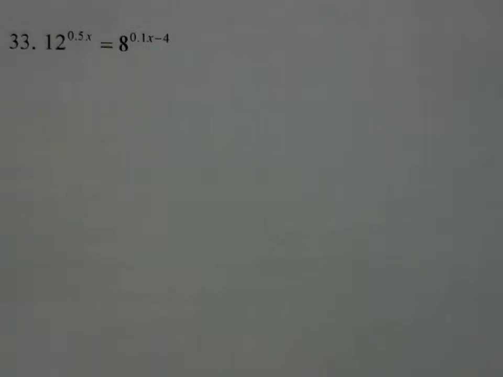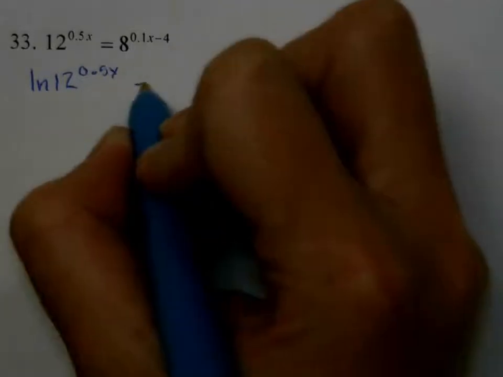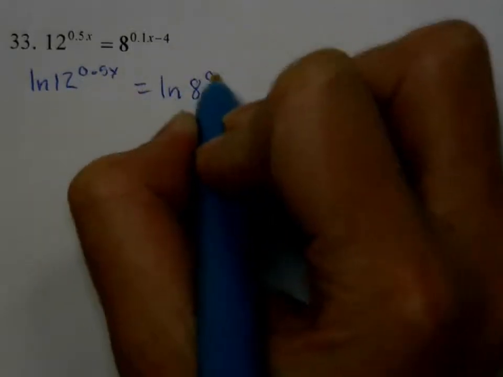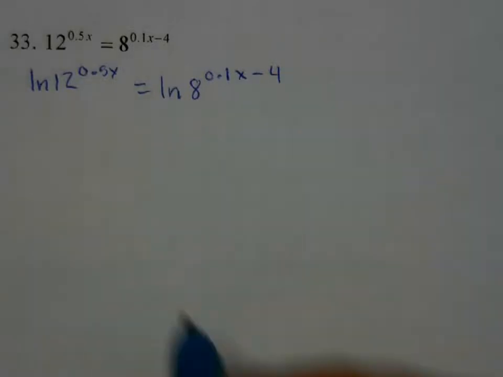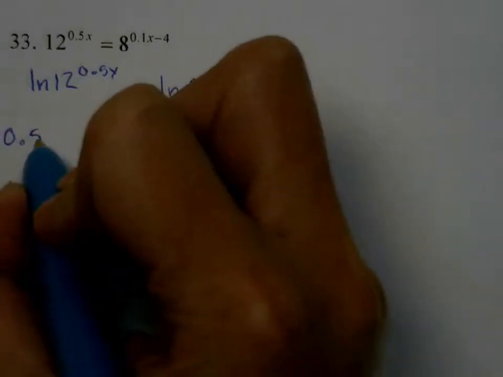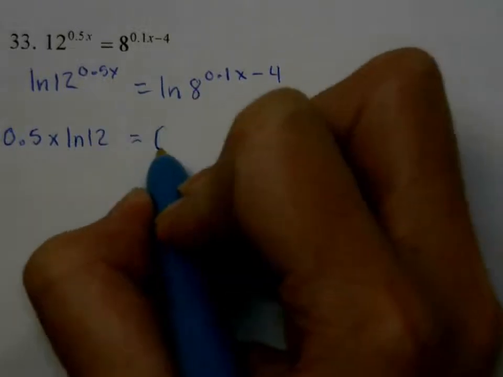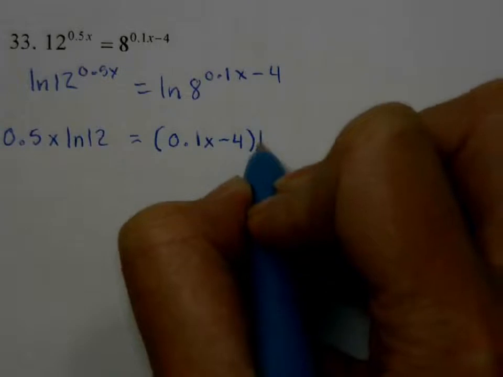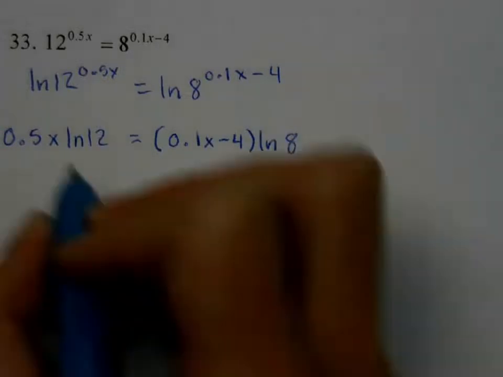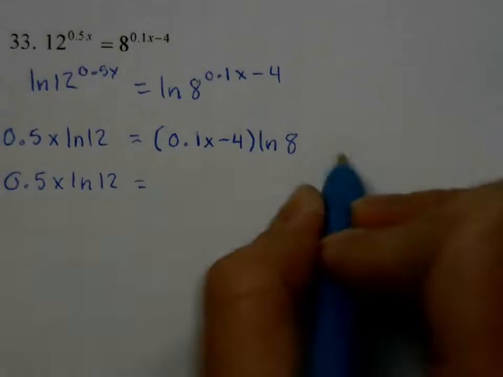And this one will be handled in the same way. I'm going to take the log of both sides. Which allows our exponents to hop down. Make sure to put parentheses around that whole thing. Then distribute.